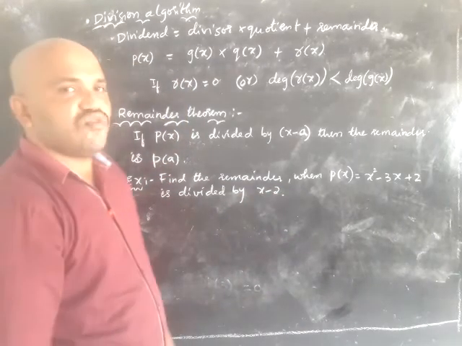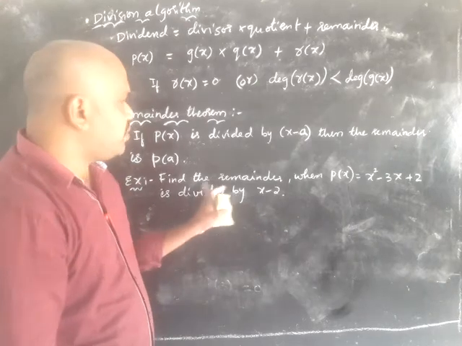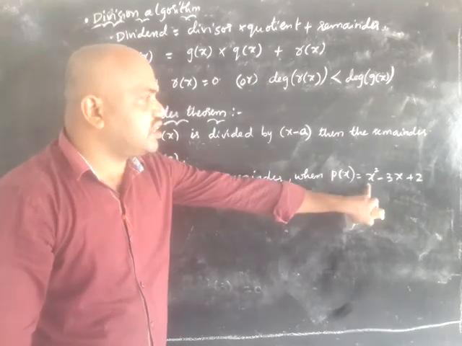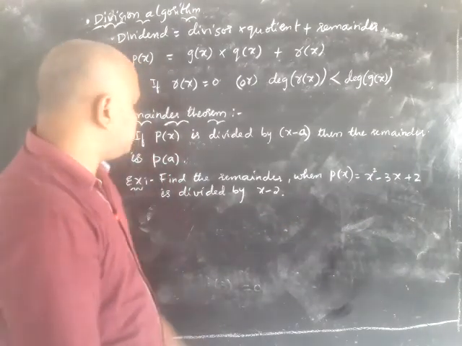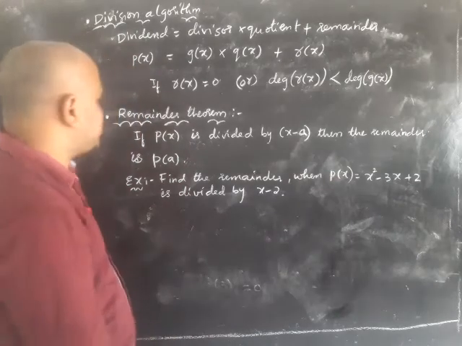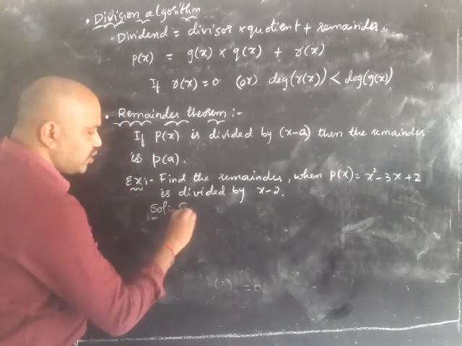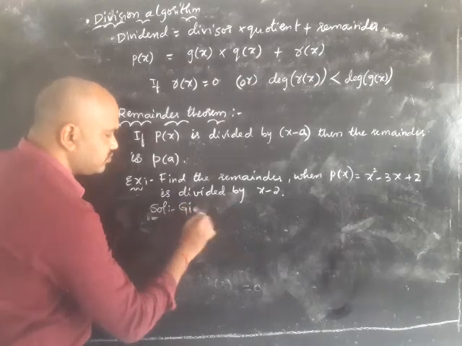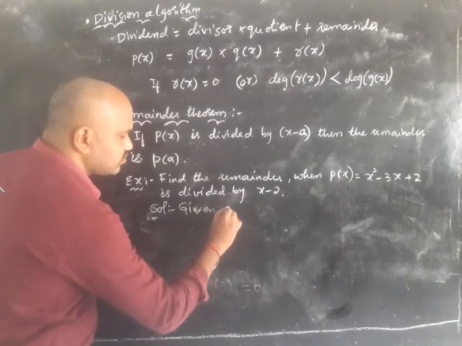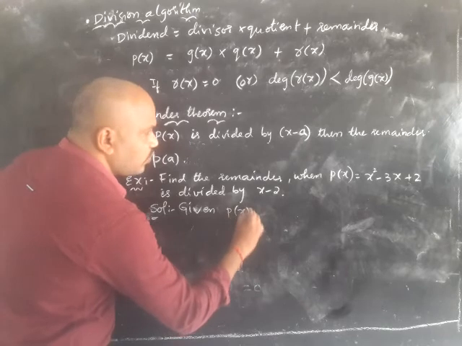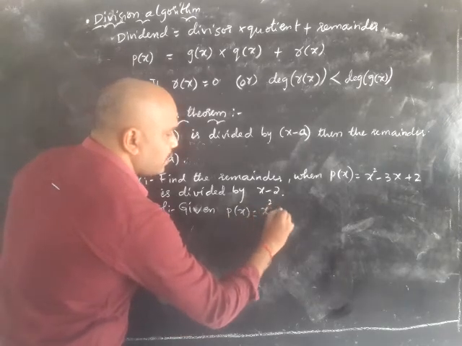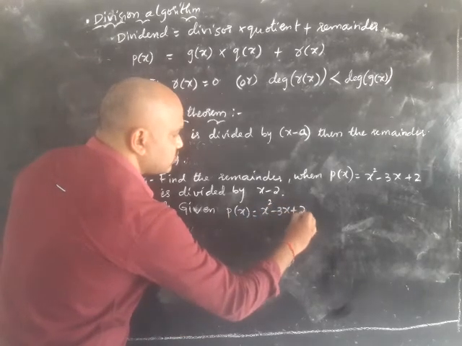It says to find the remainder when P of x, that is x square minus 3x plus 2, is divided by x minus 2. The solution: given the polynomial P of x is equal to x square minus 3x plus 2.